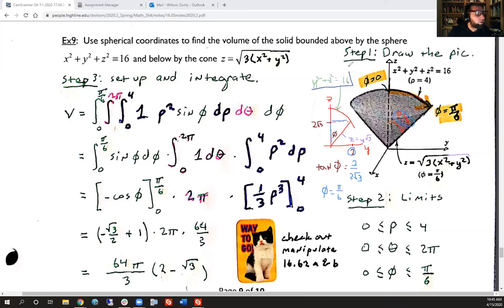So I have this equation and this equation here, and I can set these two equal and look for the intersection point, and the intersection point would be there at 2, 2 root 3. Okay, makes sense. Thank you. Good question. Other questions?